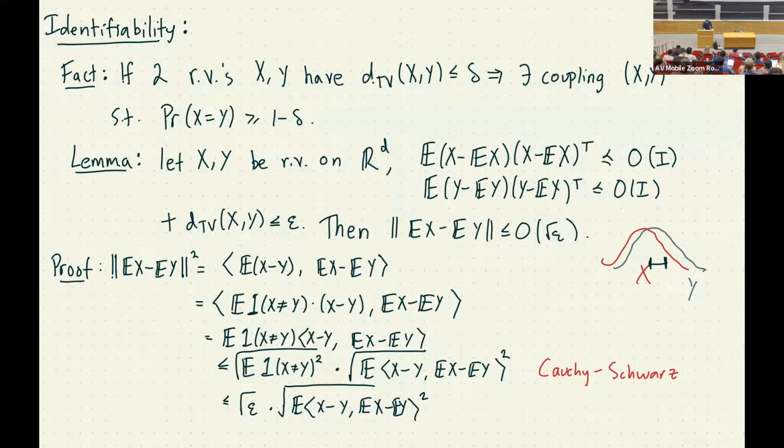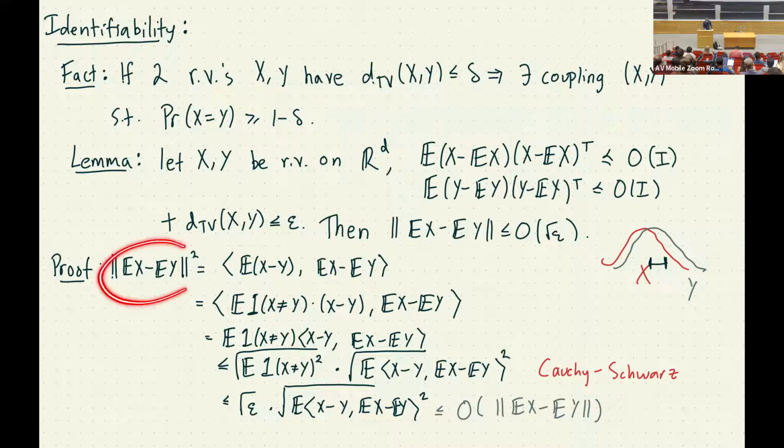Okay, so my last claim, I'm going to go ahead and write this, and then we're going to prove it. The claim is that this term, because it involves the variance of X and Y, and we assumed that those guys had eigenvalues that were at most order 1, is at most O of the norm of expectation X minus expectation Y. And once I have that, I'm going to be done, because I'll just divide both sides.